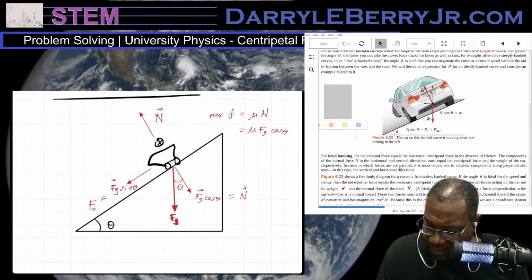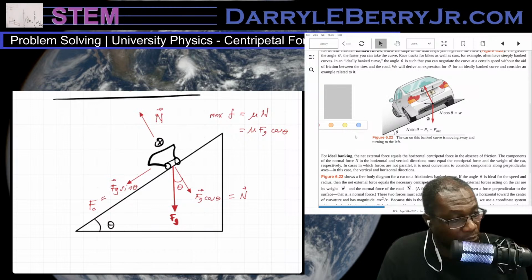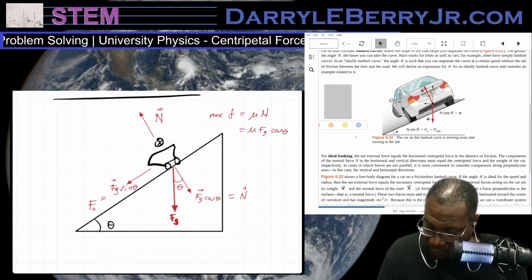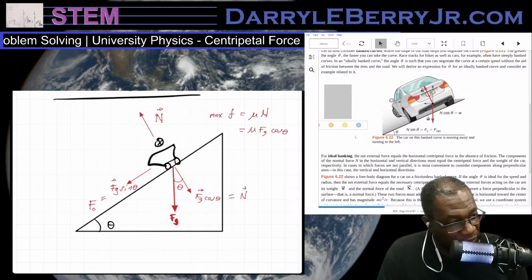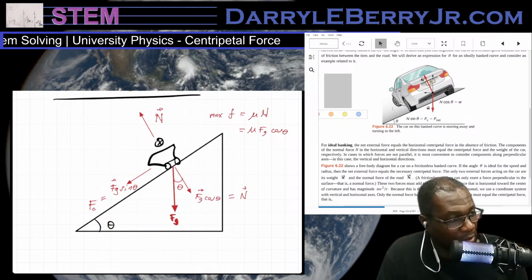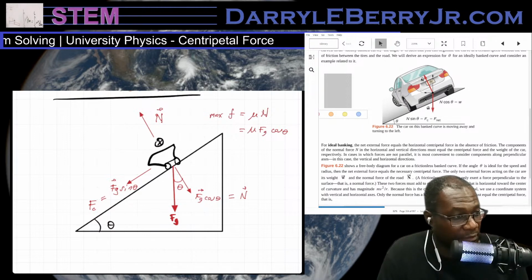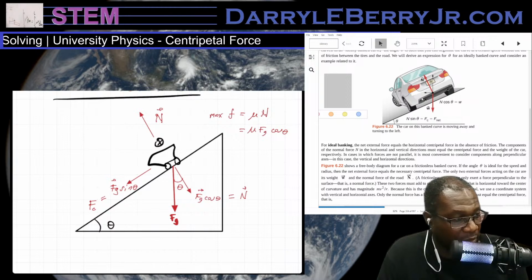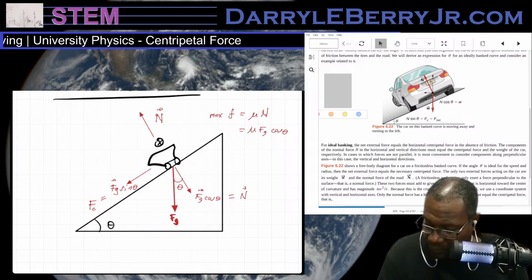I think they're saying FG sine theta is directly to the center. Still a bit confused about this. This arrow here, is that the centripetal force or is it going down? Well, it has to be going level with the circle.